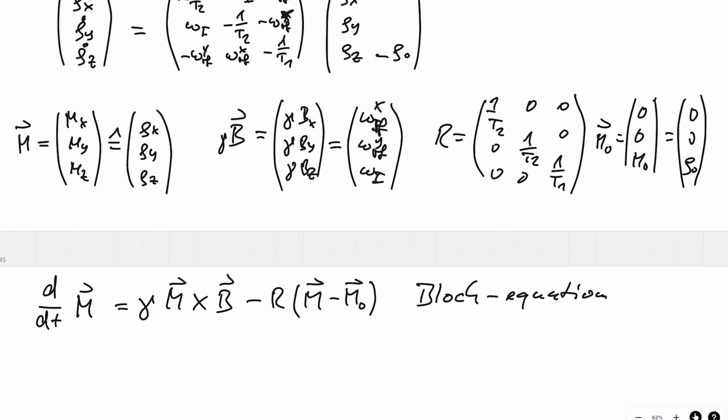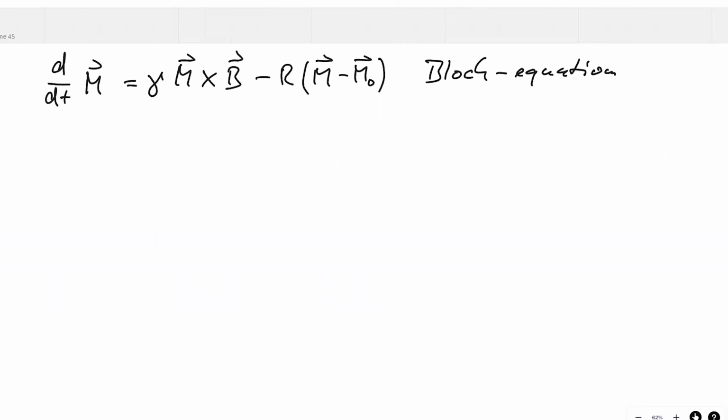For example, it's because we neglect a lot of these relaxation rates that are present. Now, this is for a single spin. The Bloch equation is limited to spins without coupling. But with the Liouville superoperator formalism, we can now look at arbitrary spin systems.